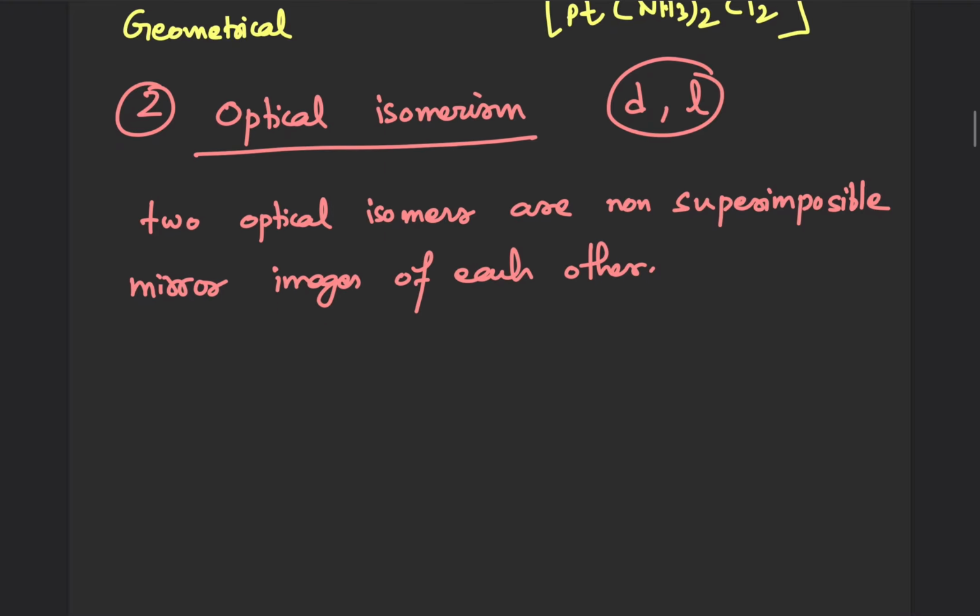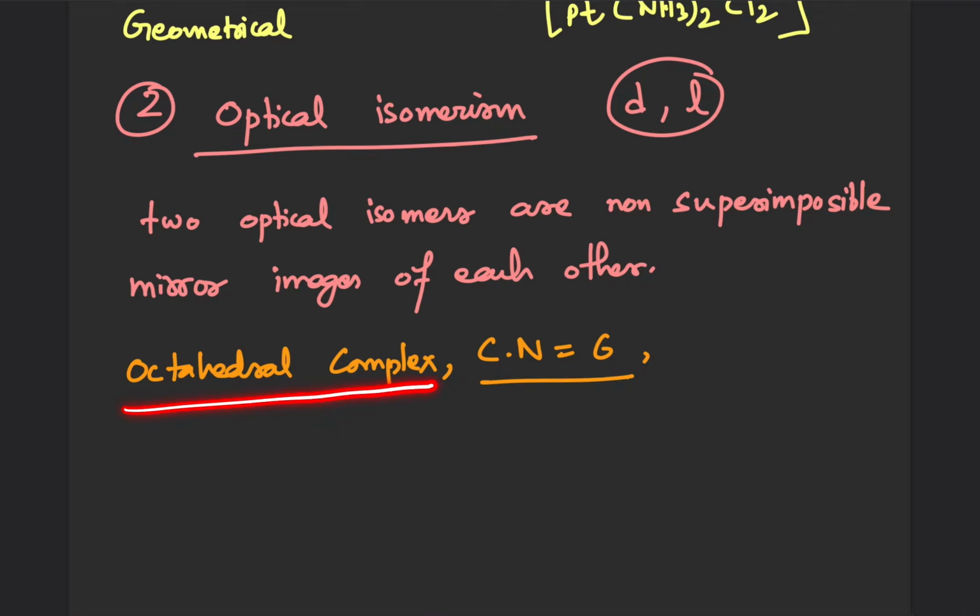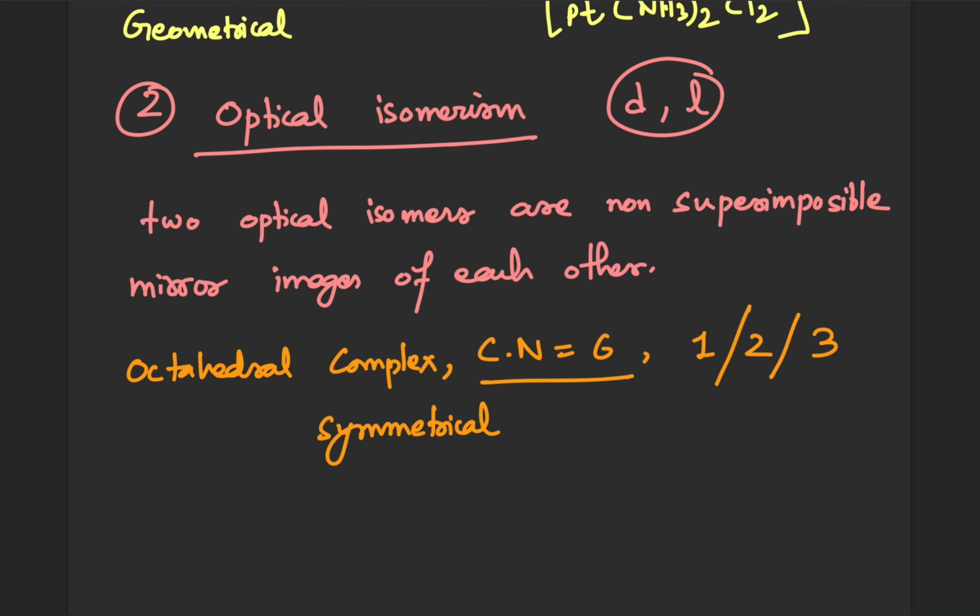Optical isomerism is common in octahedral complexes. Very important, octahedral complex. Obviously they will have coordination number 6, and so they are common in octahedral complexes with coordination number 6, also involving 1, 2 or 3 symmetrical didentate ligands.